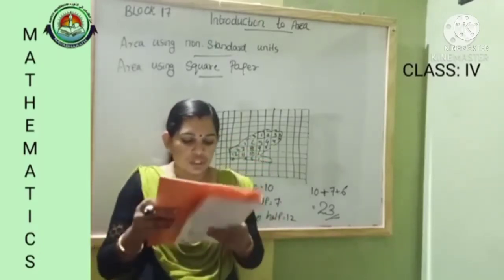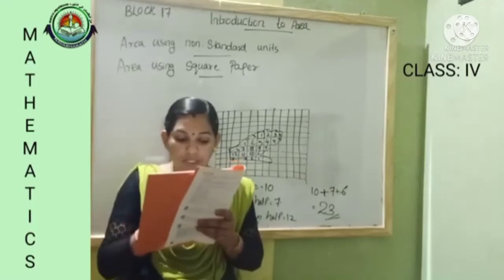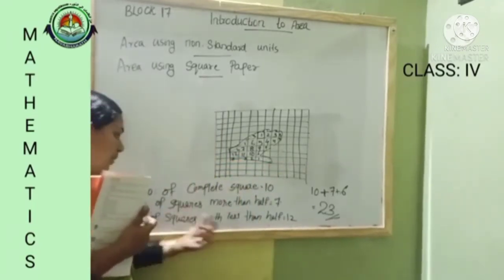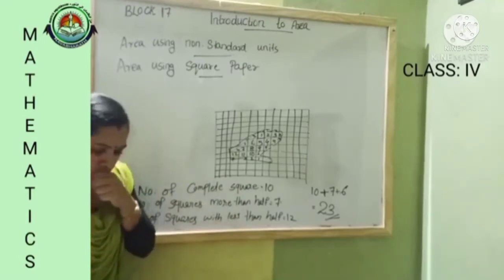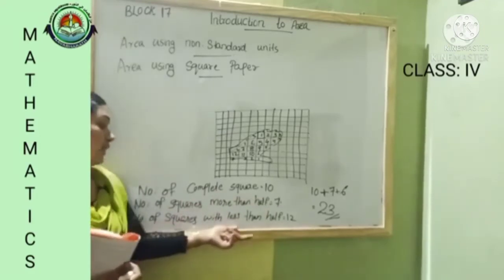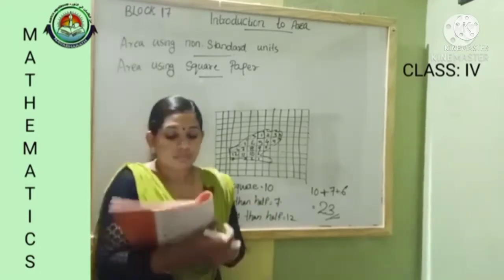Ready to count? First question. Complete squares you want to find out. Write the steps. Complete squares, number of squares more than half, number of squares with less than half. Okay.